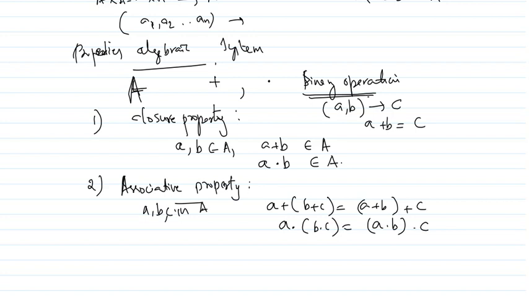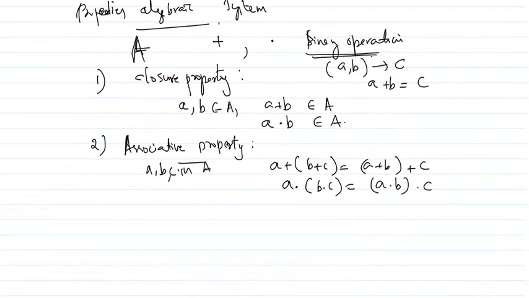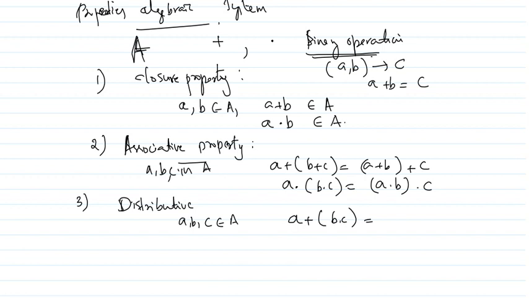Third one, distributive law. Distributive property. According to the distributive property, three elements a, b, c are there in A. What is a plus (b dot c)? In the distributive property there are two operations, addition and multiplication, and together we have to apply them.